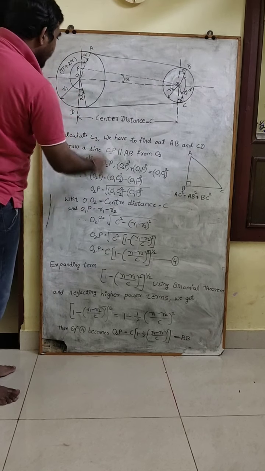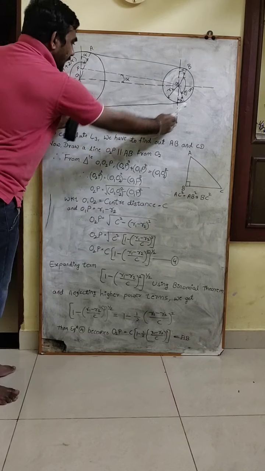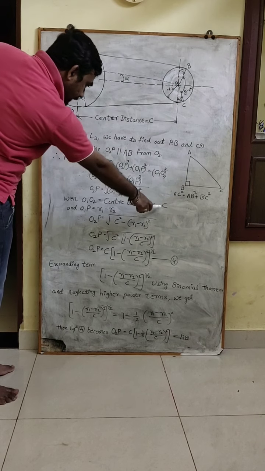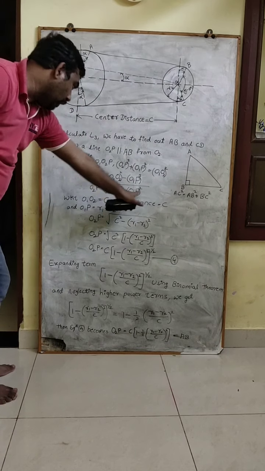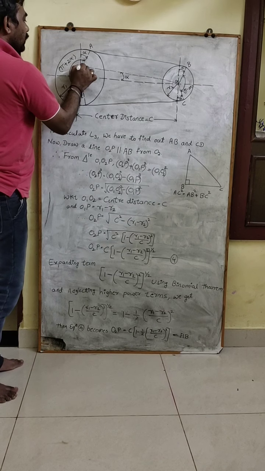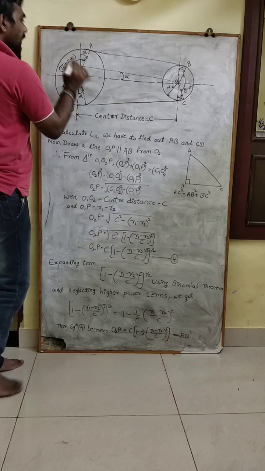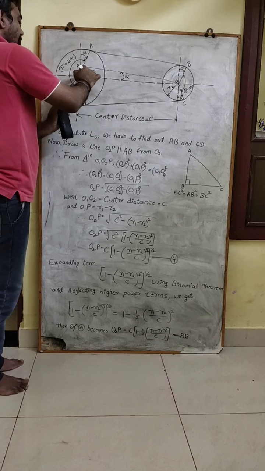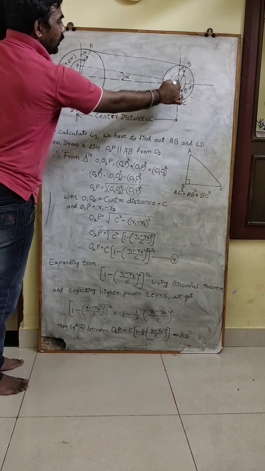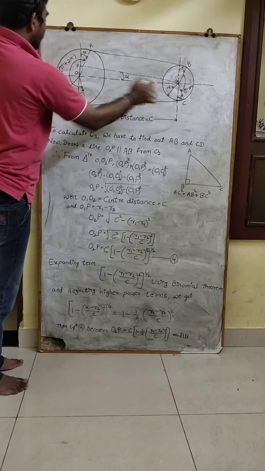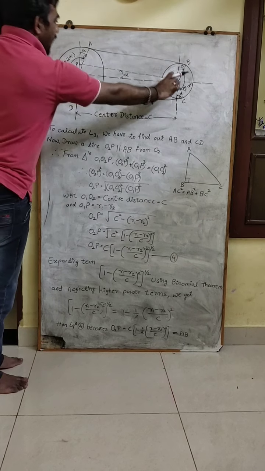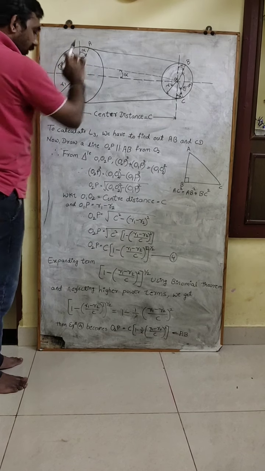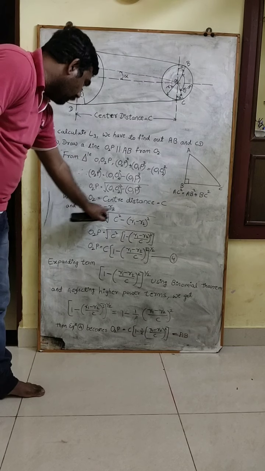From this geometry, O1O2 is nothing but the center distance C. Next, O1P: this is the total radius R1, and R2 is the radius of the smaller pulley. If you take R1 minus R2, we get the remaining part. So O1P equals R1 minus R2.